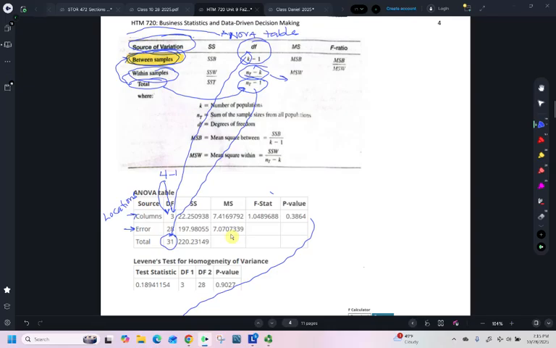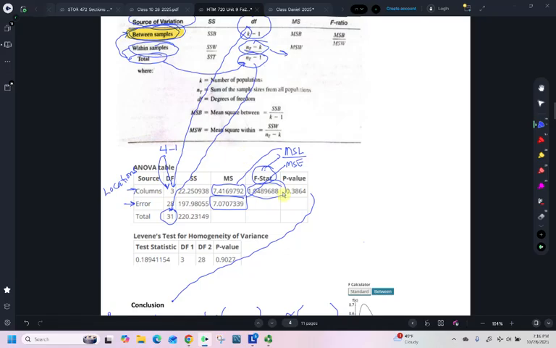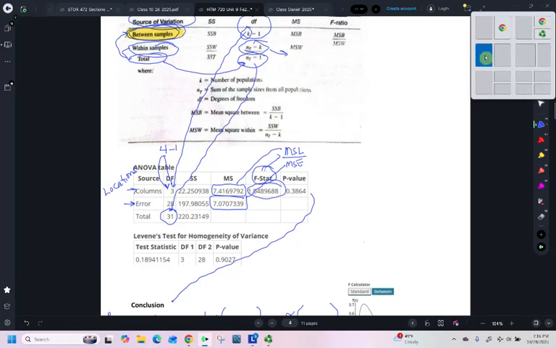The F test statistic value is always the mean square for between samples or for locations divided by the mean square error, and that will give us 1.04896488.